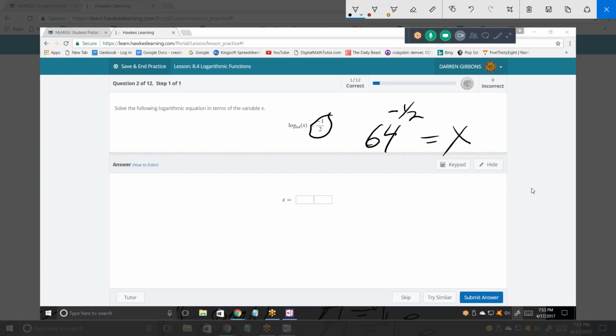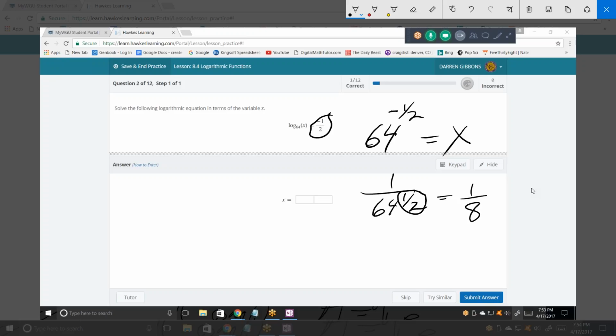Now, what's 64 to the minus 1/2? That's the same as 1 over 64 to the plus 1/2, first of all. And what's 64 to the 1/2 power? That means the square root of 64. If you put that into your calculator or Wolfram Alpha, it'll give you 8. So this is 1/8.